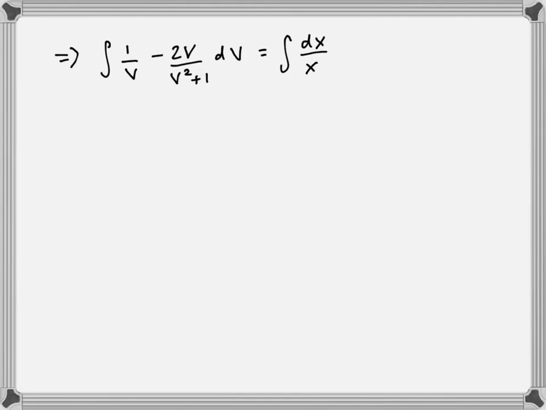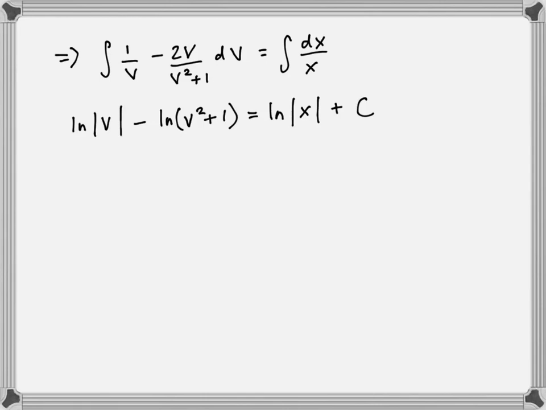This gives us the natural log of v minus, that's just a u-sub, the natural log of (v squared plus 1), very similar to the last example, is equal to the natural log of x plus c.